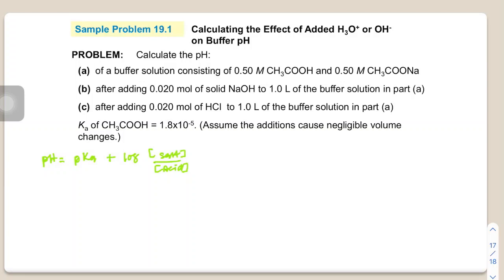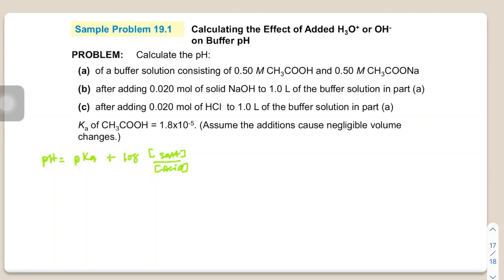Okay, we know that there are two Henderson-Hasselbalch equations, either pH or pOH. This time I'm using pH equal to pKa because this system is an acidic buffer system. If we have a basic buffer system, then we use the equation pOH equal to pKb plus log concentration of the salt over base.